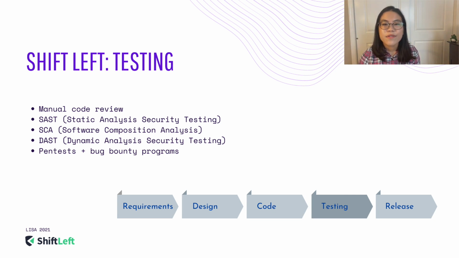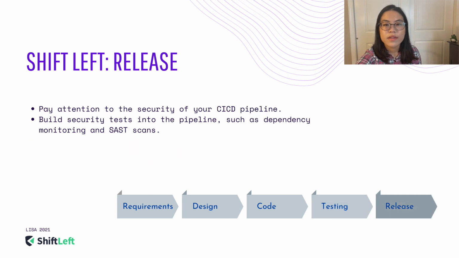And finally, for the last phase of the software development lifecycle, pay attention to the security of your deployment pipeline. Recently, there have been many instances of attackers compromising the deployment system to compromise the integrity of the source code of the application.